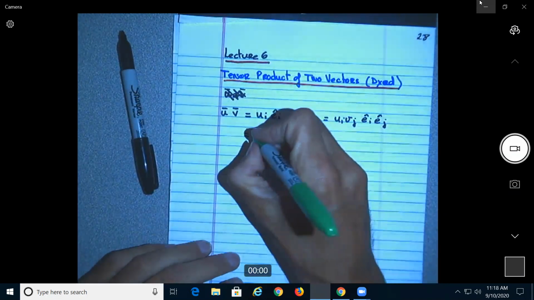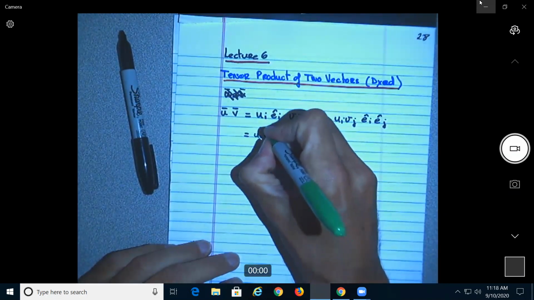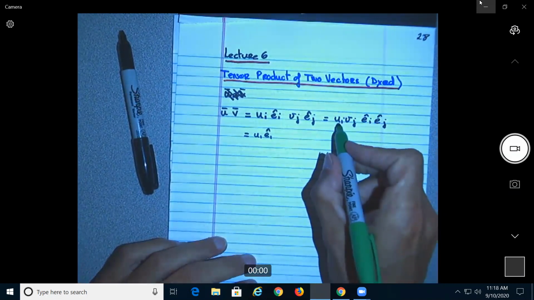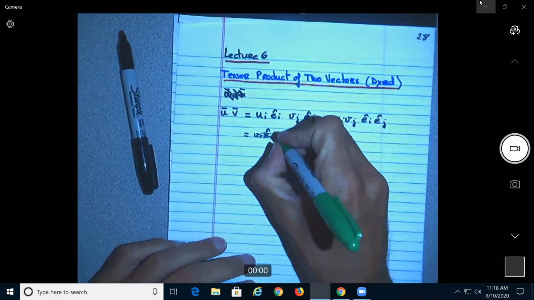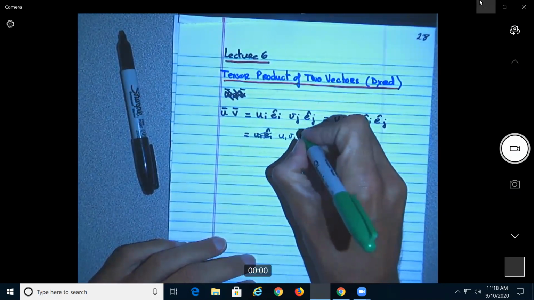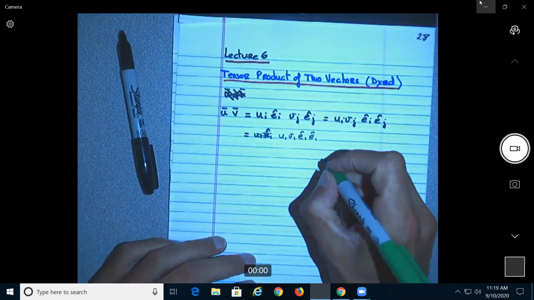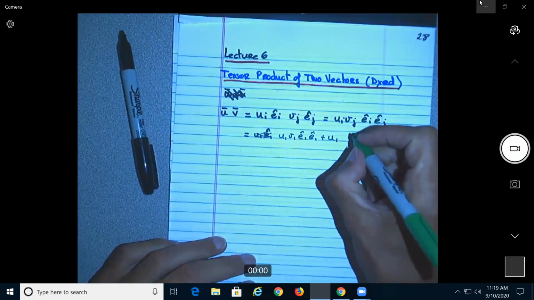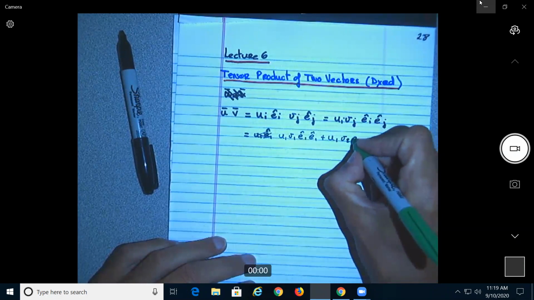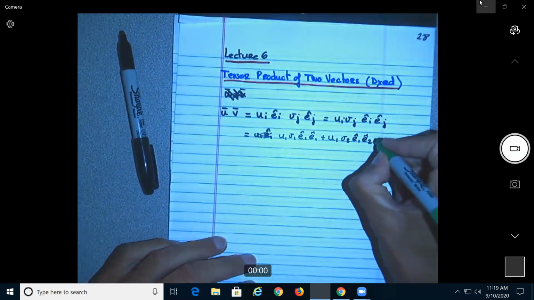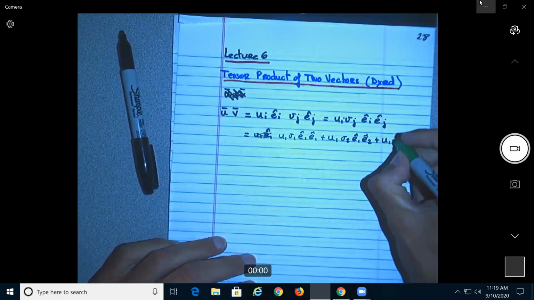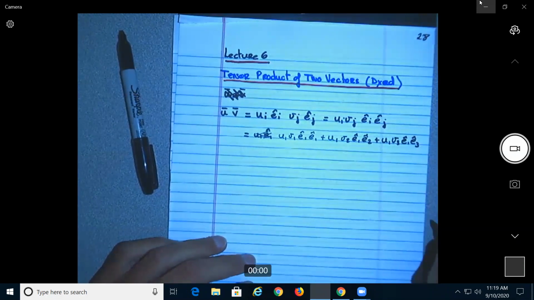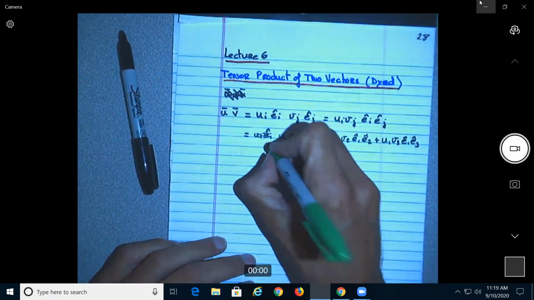This should be equal to u1, v1, e1, e1, plus, now I keep i equal to 1 and I switch the v, so it would be u1, v2, e1, e2, plus u1, v3, e1, e3. Now I can do the same thing for u2.